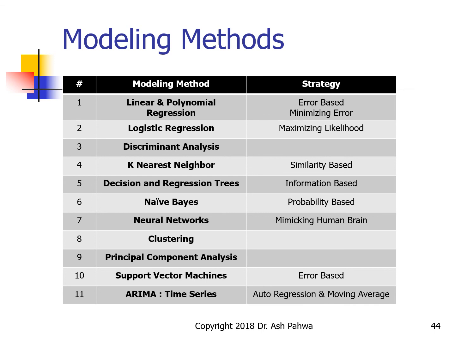Naive Bayes is based on probability. Neural networks are based on mimicking the human brain. Support vector machines are again error based. And ARIMA, which is for time series, uses auto regression and moving average. So these are the different strategies used to build different types of models.